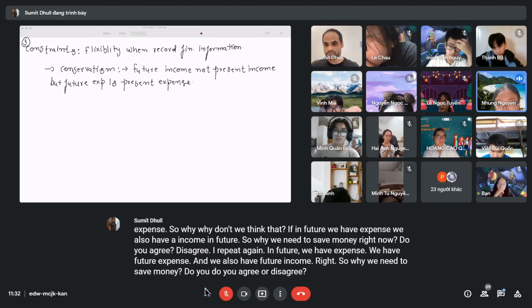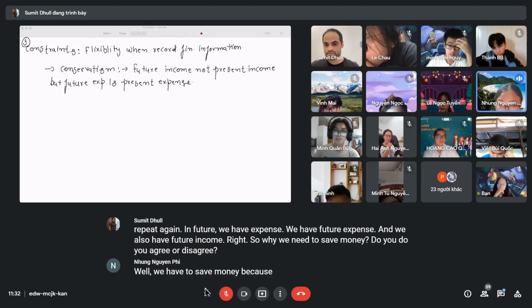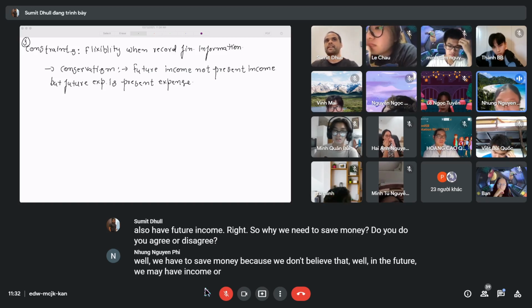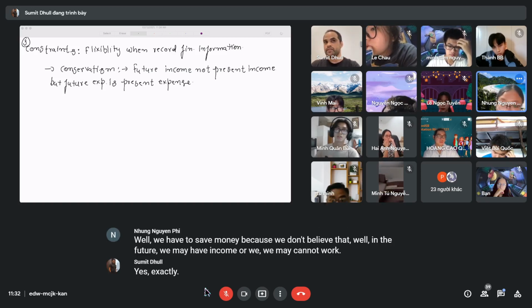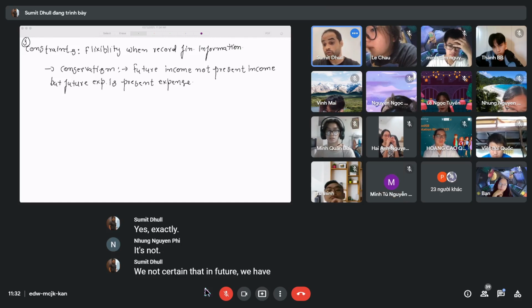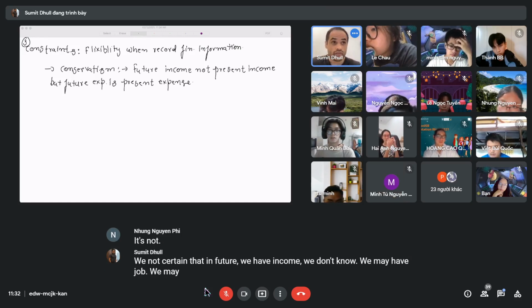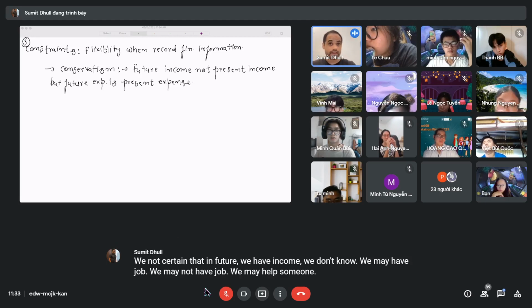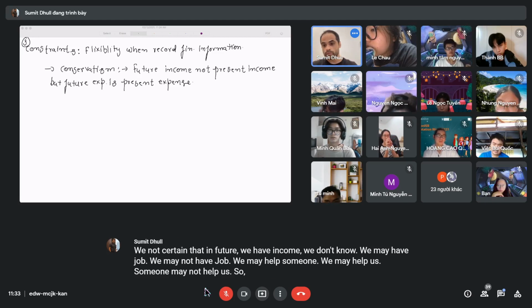Well, we have to save money because we don't believe that in the future we may have income, or we may not be able to work. We are not certain that in future we have income. We may have a job, we may not have a job. Someone may help us, someone may not help us. So we don't know. That's why we have to save, right?